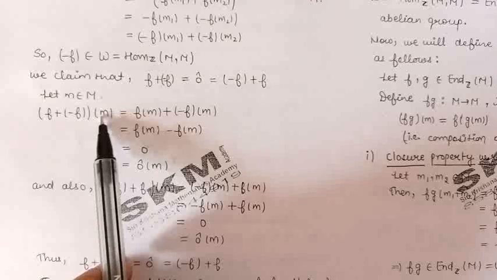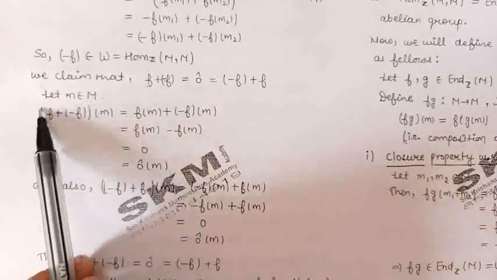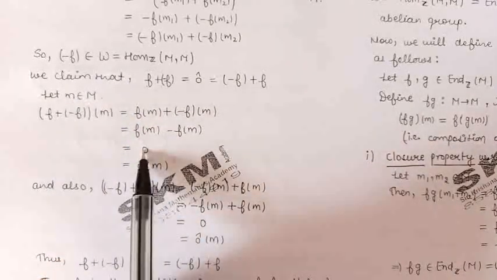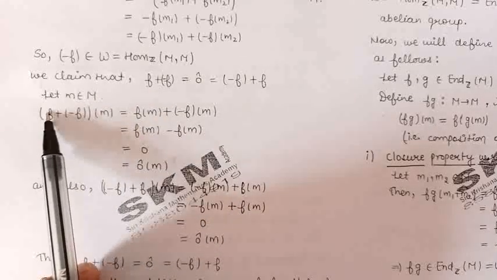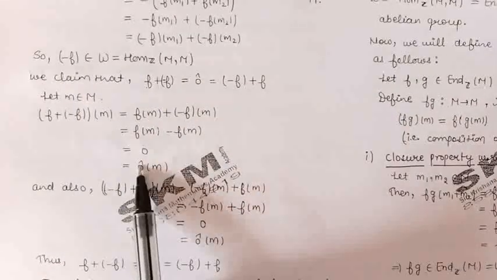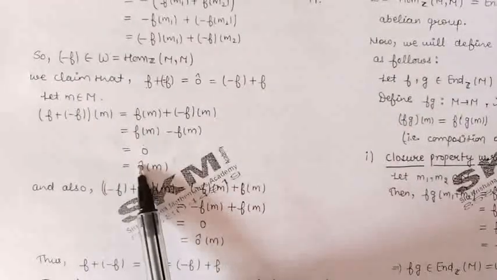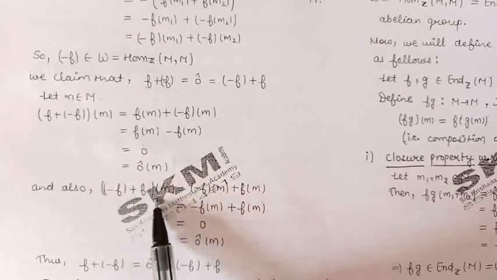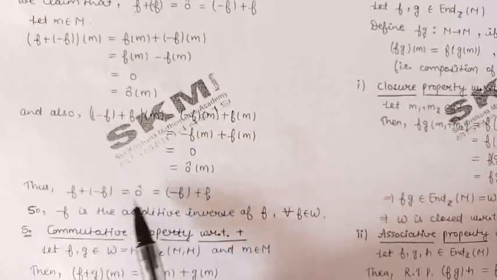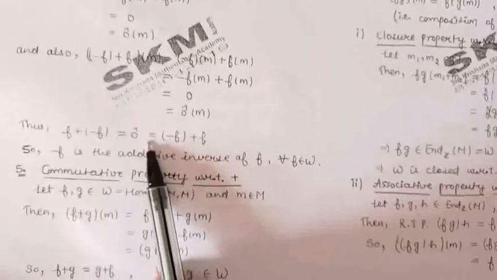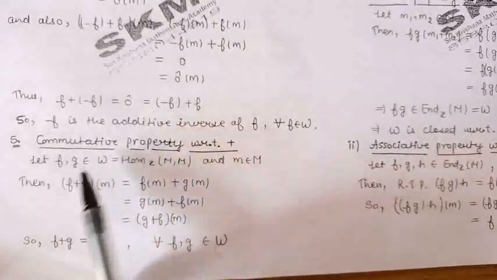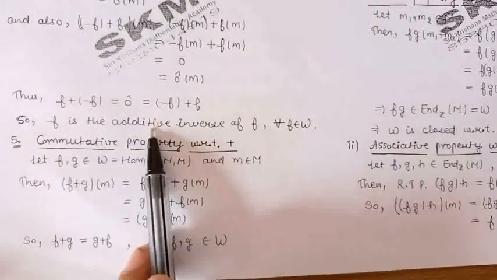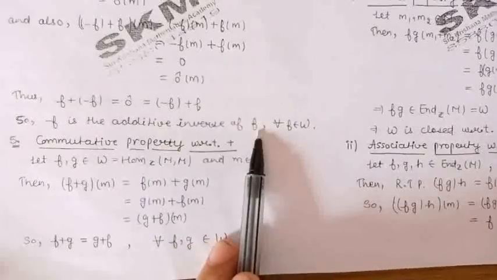So image of every element of M under this mapping is 0. So we can say that this mapping is zero homomorphism. And similarly you can find minus F plus F, that will also be zero mapping. So by definition we can say that minus F is additive inverse of F.